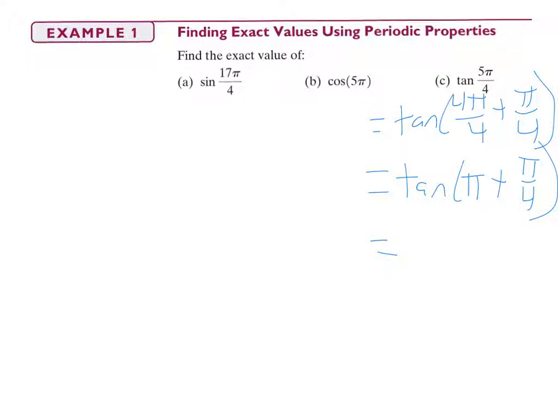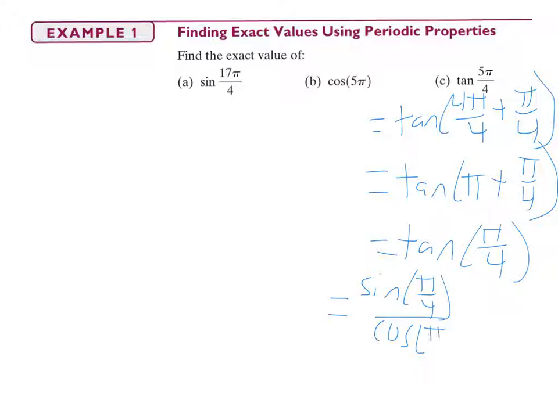Since pi is our period, that's equivalent to tangent of pi over 4. Tangent, remember, is equal to sine over cosine, so sine of pi over 4 divided by cosine of pi over 4.